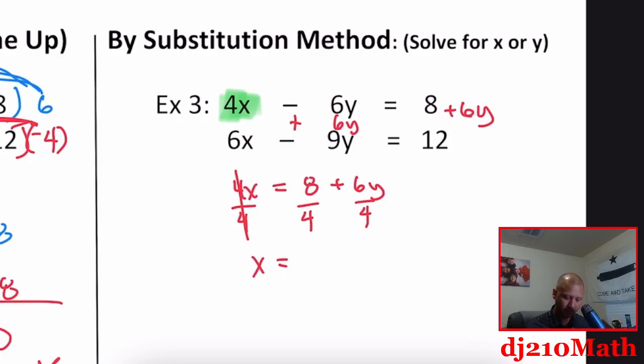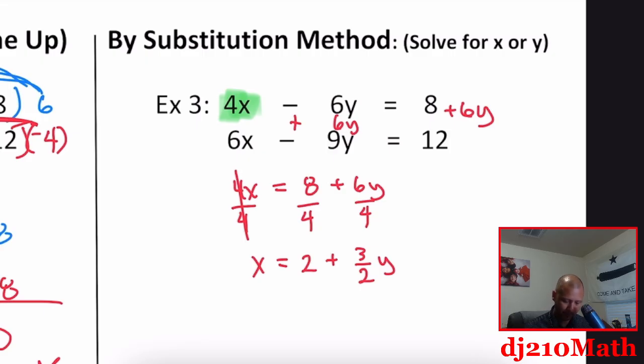X equals 8 divided by 4 is 2, plus 6 divided by 4, half of 6 is 3, half of 4 is 2. So here we have x is equal to 2 plus 3 halves y.